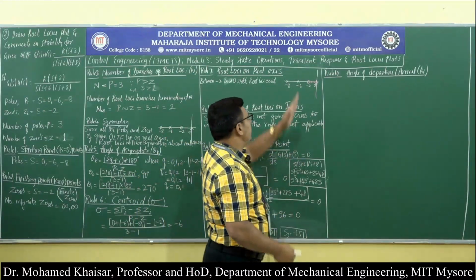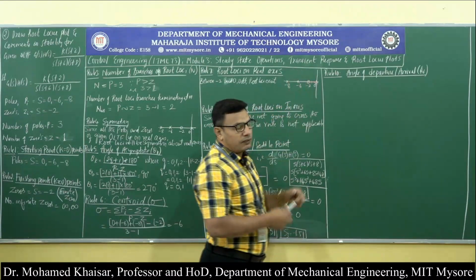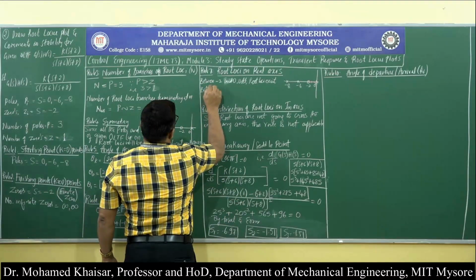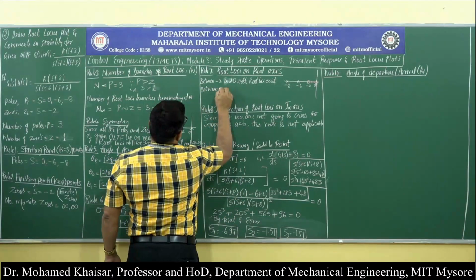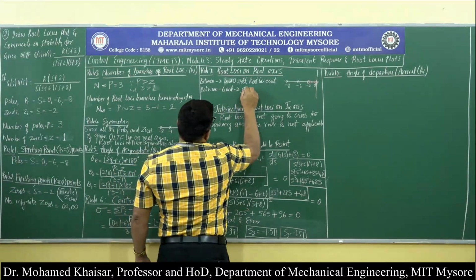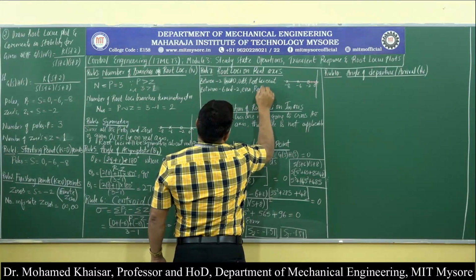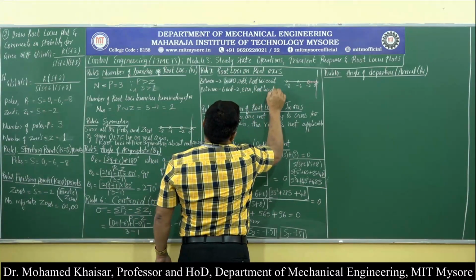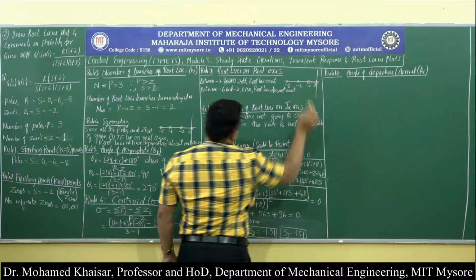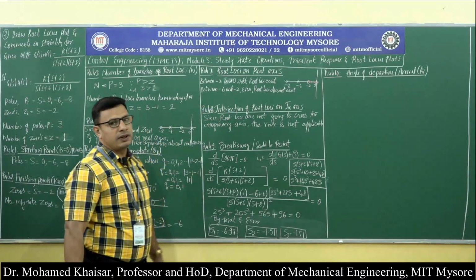So that means to say between -6 and -2, the count is even, root locus will not be present. That is what we will be writing here. So between -6 and -2, the count is even, so root loci does not exist. Where? Between -6 and -2.